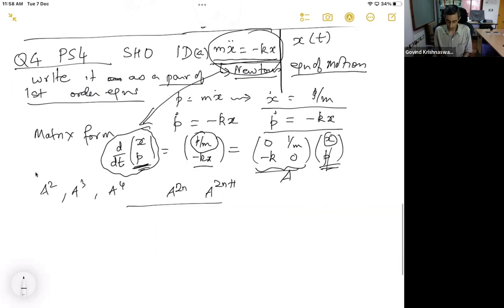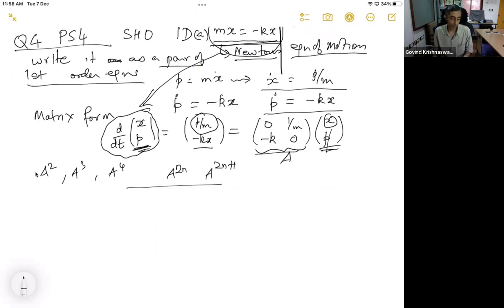Okay, then I had a brief comment on another question, question 2 from problem set 5. This had to do with Galilean boosts.